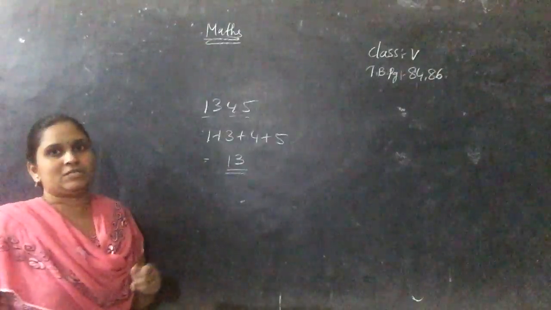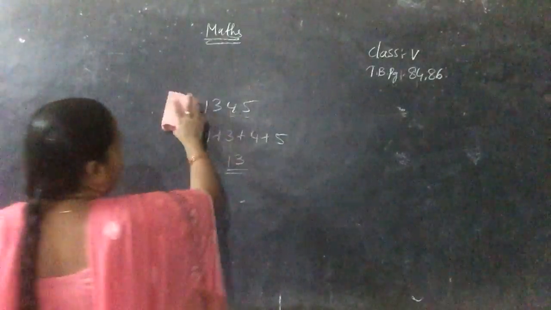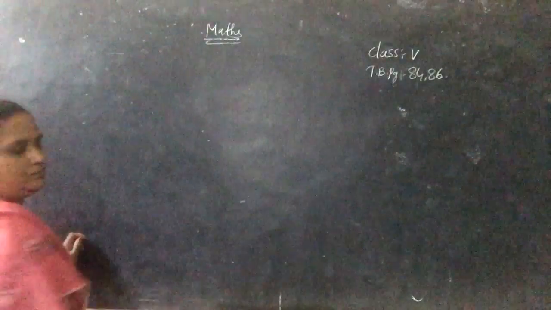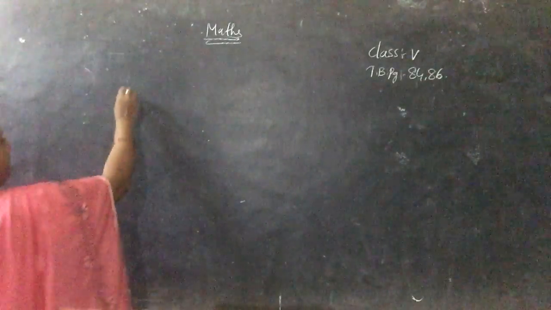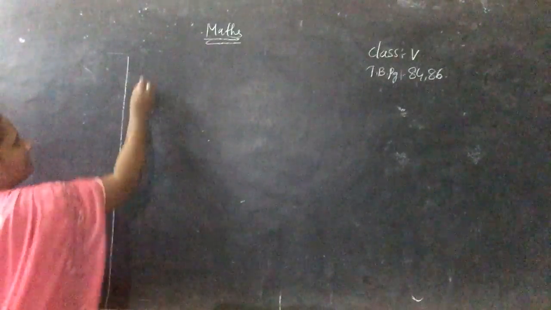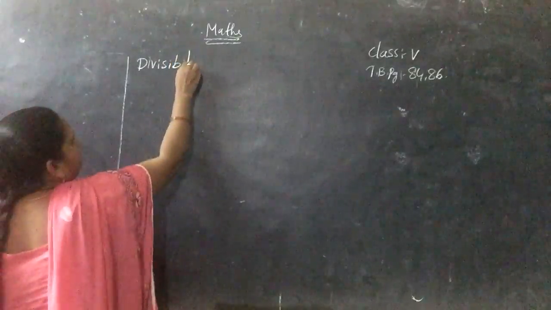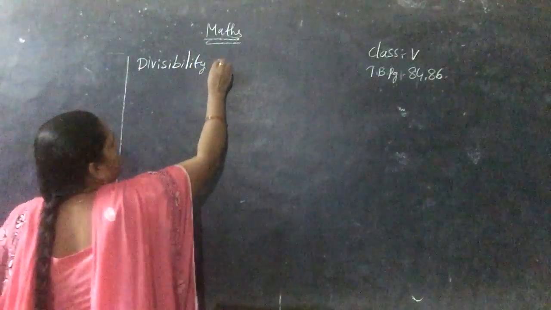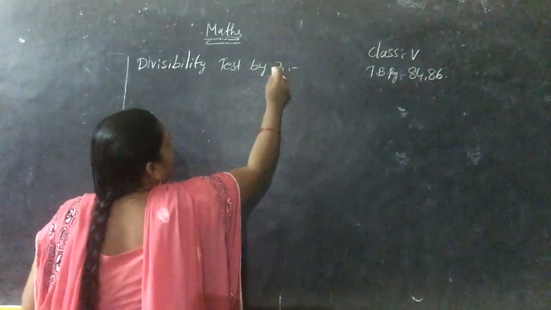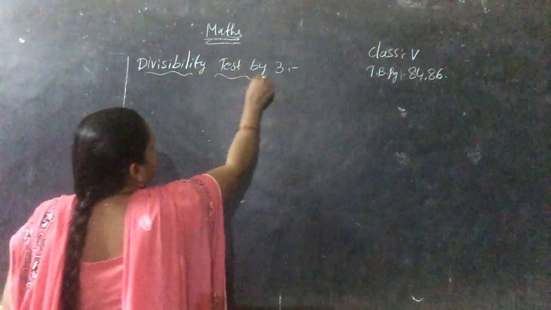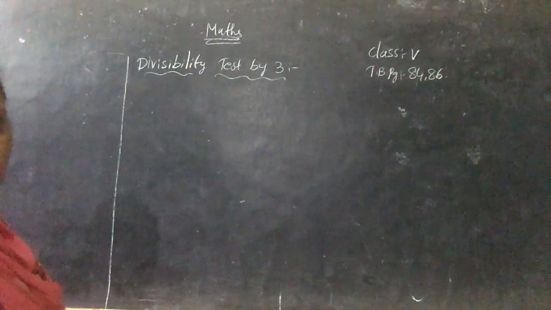Okay, very easy concept. Now write everyone, the rule. Open your Max classwork book. Write heading: divisibility test by 3. Okay, divisibility test by 3. Now write the rule.